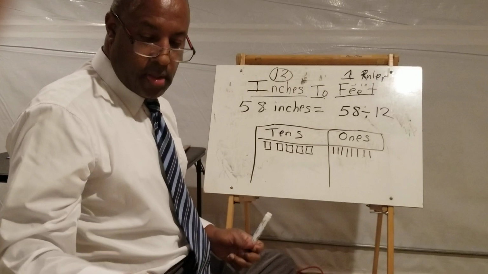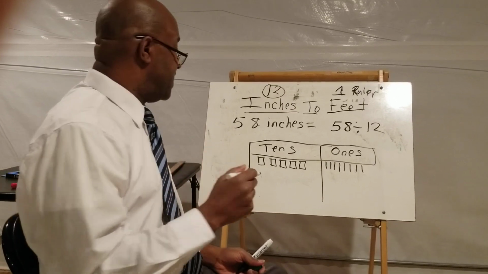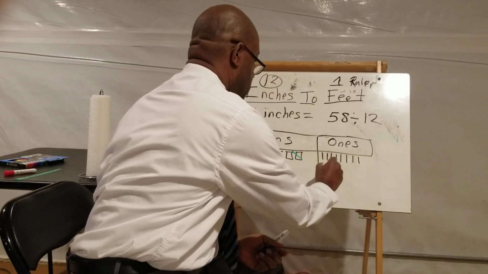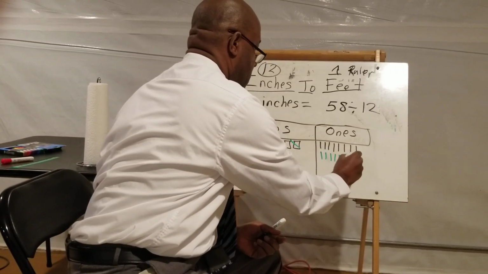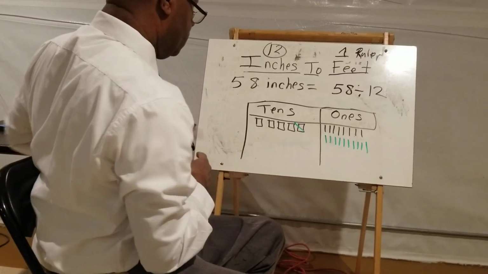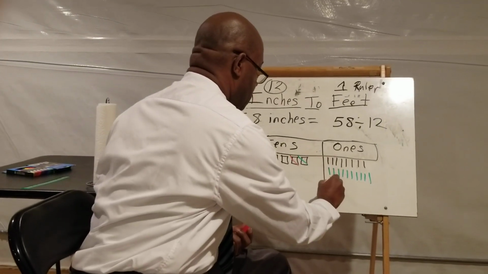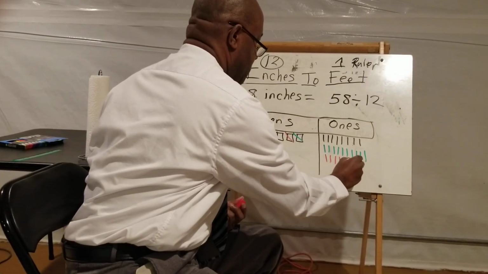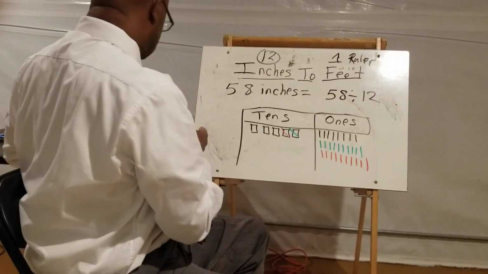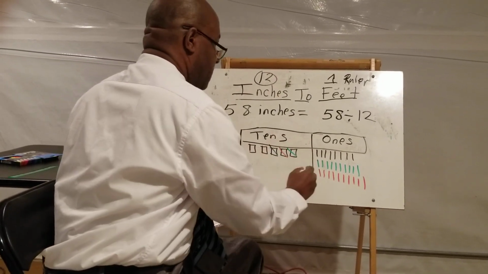So we would just regroup and rename once again. Now this is the precursor, we're talking about this base 10. So once again, you cross out one of those 10s. Regroup and rename again. 3, 4, 5, 6, 7, 8, 9, 10. Regroup and rename.